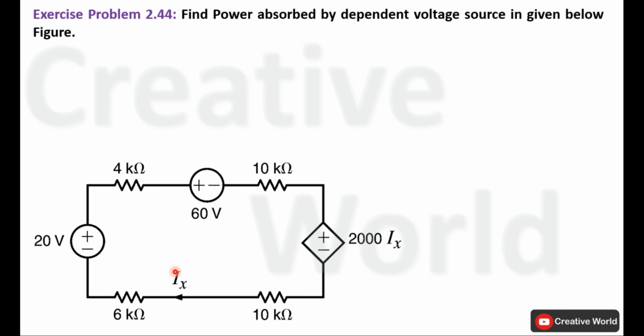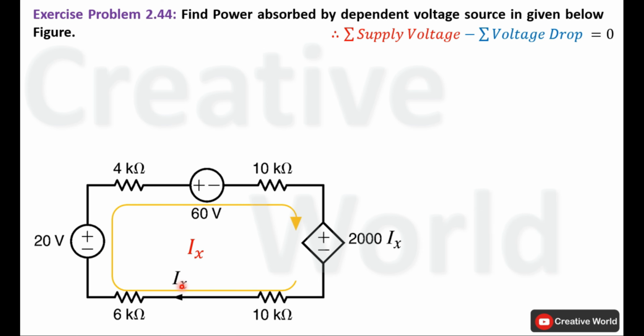You can also see that this is a closed loop circuit, so we can use Kirchhoff's voltage law to calculate voltage across this dependent source and current through it as well. Current of this series network is labeled as Ix along with its direction. The direction of current Ix is clockwise. This same current will also flow through this dependent source because of series connection.